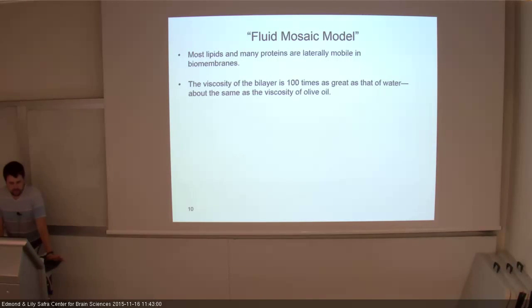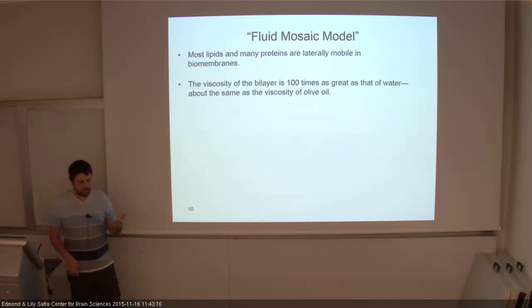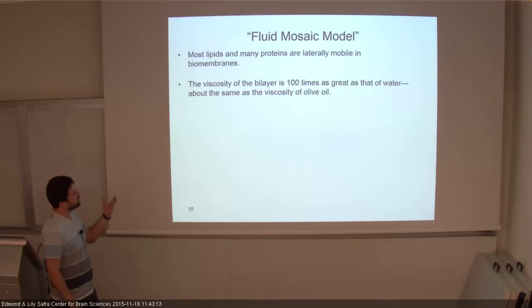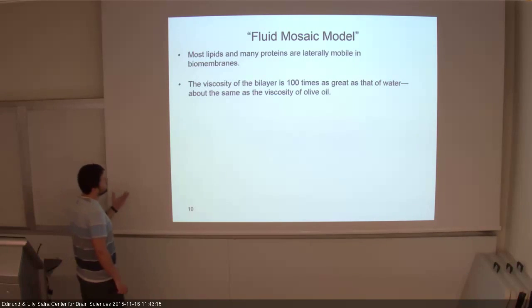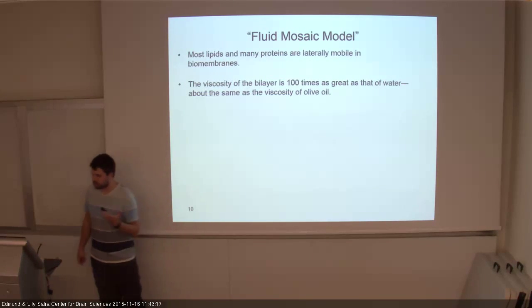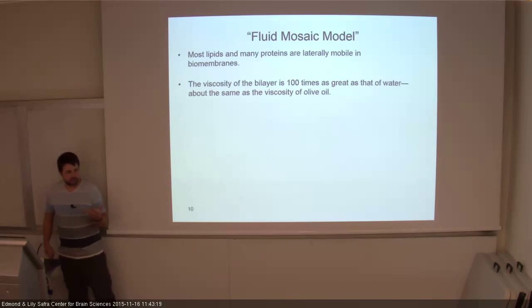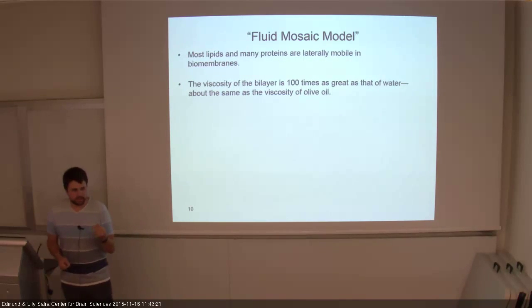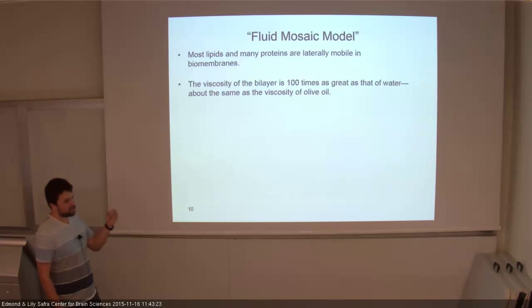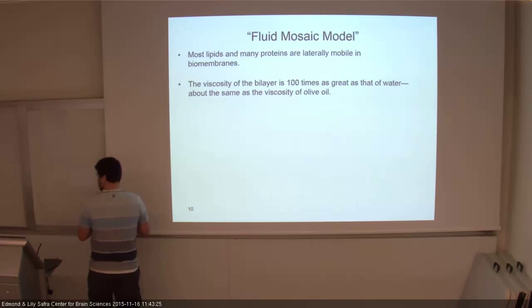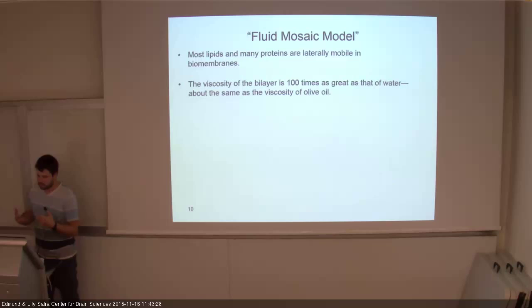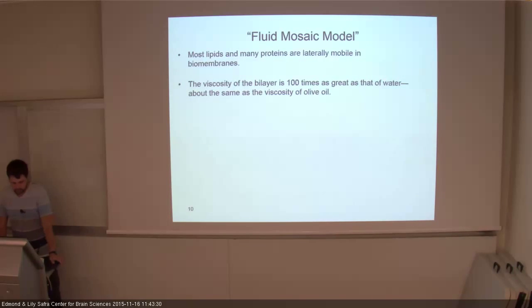And the viscosity of the membrane is actually a funny comment because you can't appreciate it, but the viscosity of the bilayer is 100 times as great as water, meaning that it's a lot more viscous than water, and you can compare it to the viscosity of olive oil. So it can give you a feeling that the membrane is not like a solid, but it's actually more liquid in a sense.